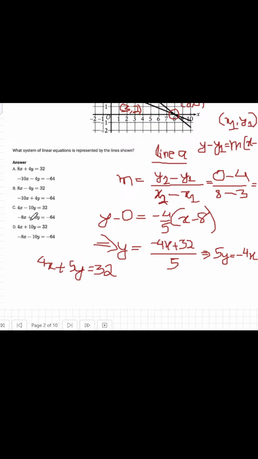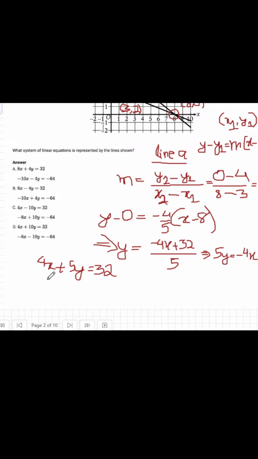We have 4x plus 10y, 10x plus 4y, and so on, so you can see that this is not in the reduced form. There is some common integer multiplied to the whole equation. This 4 is to 5 ratio is the same as 8 is to 10, so if you multiply by 2, we'll get 8 and 10.